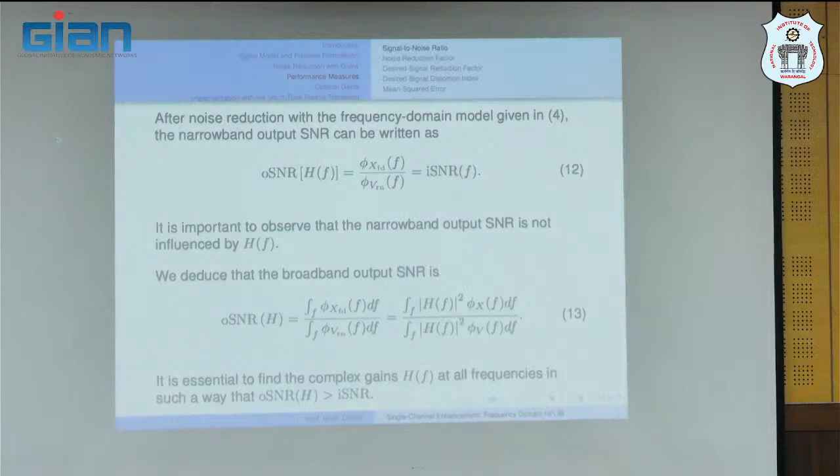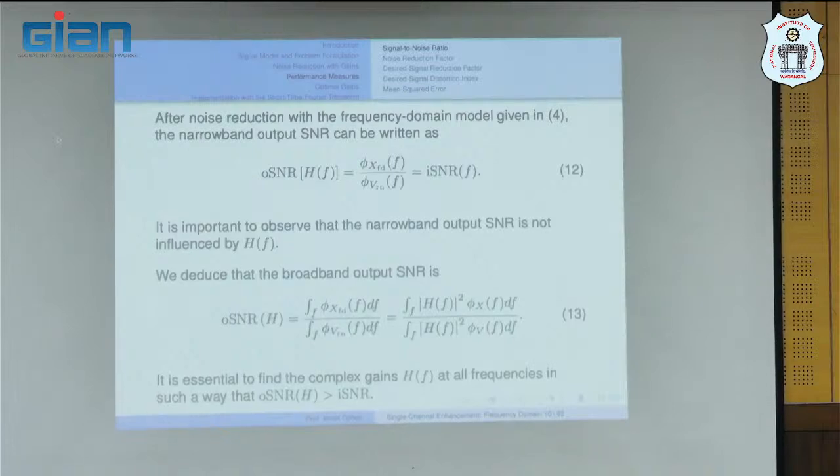So we see that the narrowband output SNR is the same as the narrowband input SNR. Why? Because if we just use a scalar gain for each frequency, we cannot change the narrowband SNR. So the narrowband output SNR is the same as the narrowband input SNR for each frequency. But still, we don't care much about the narrowband SNR.